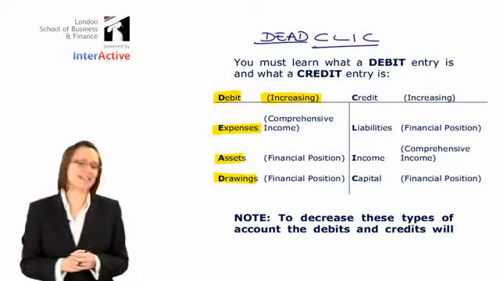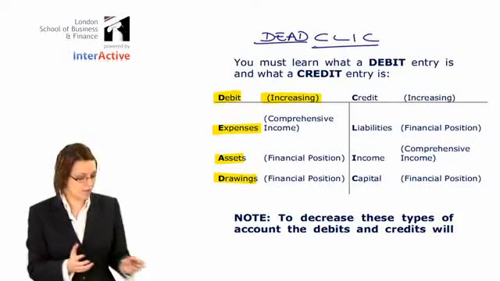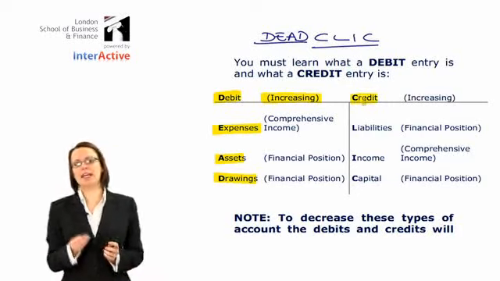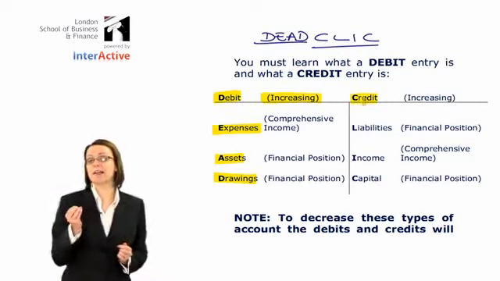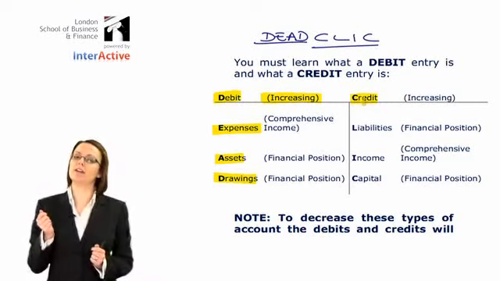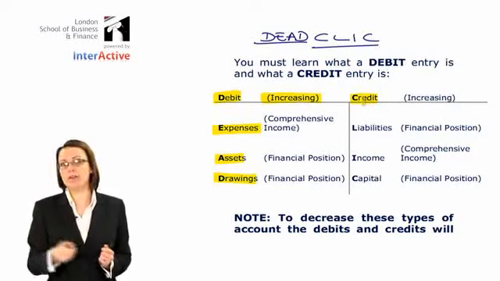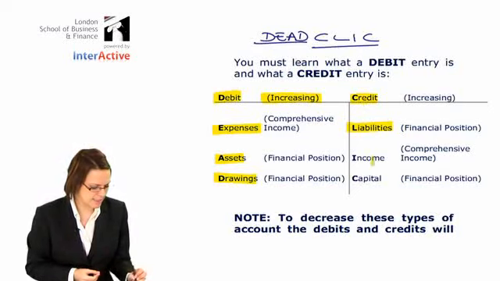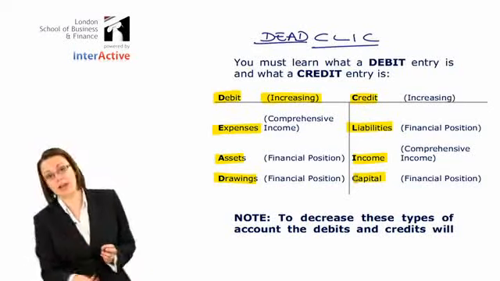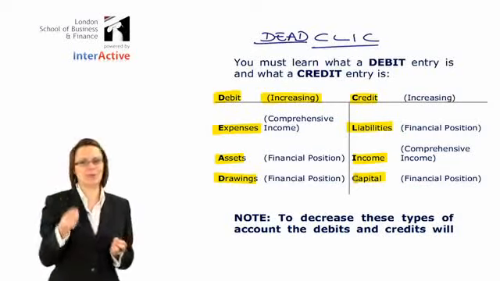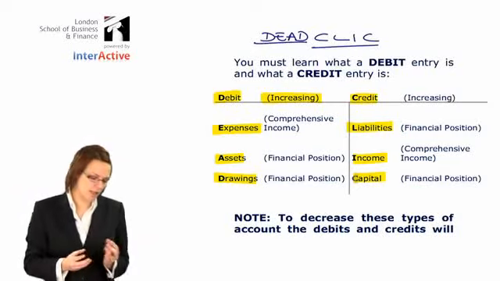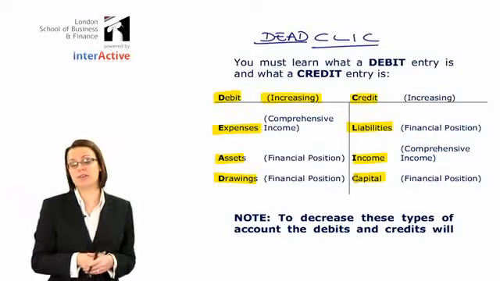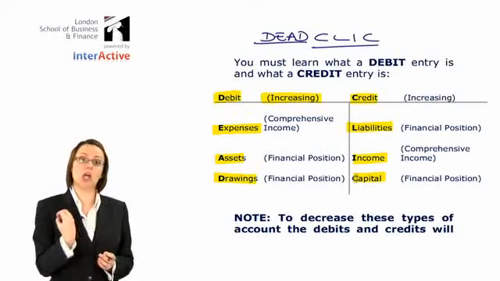So the C-L-I-C. Well, the first C obviously stands for credit on the right-hand side. And if we're increasing an account that's a liability, income or capital, then that would go onto the credit side. So liabilities, income and capital, if we are increasing those accounts, that would be a credit entry. With liabilities, remember that they appear in the statement of financial position, everything that the business owes.